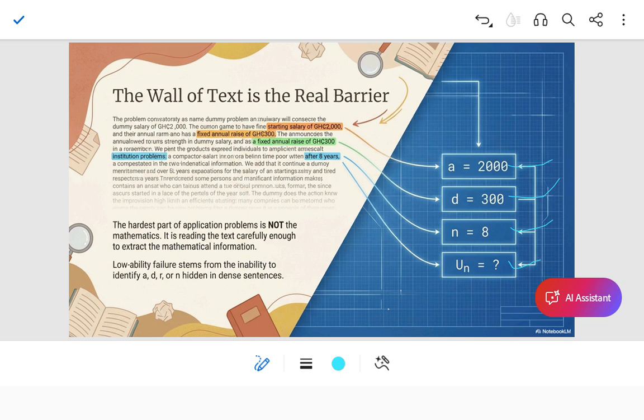The challenge is how you can identify this information in a problem, how you can extract the key information. So please do a lot of word problems. It helps you identify key areas that you need to solve your work.